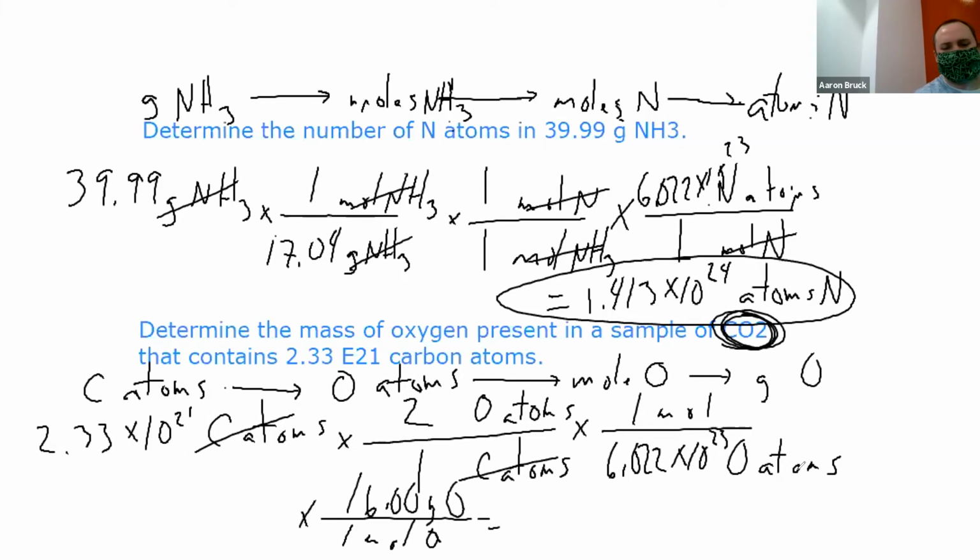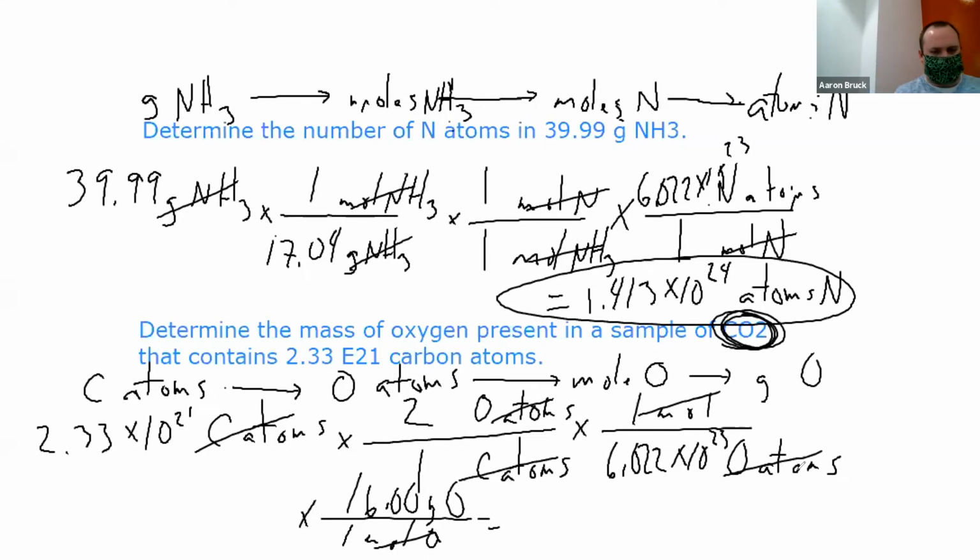Now, some of you may be saying to yourself, why not 32 there for the oxygen? Got to remember, that's the molar mass of molecular oxygen, O2. Here we're talking about atomic oxygen, so it's just 1 oxygen atom. It's 16.